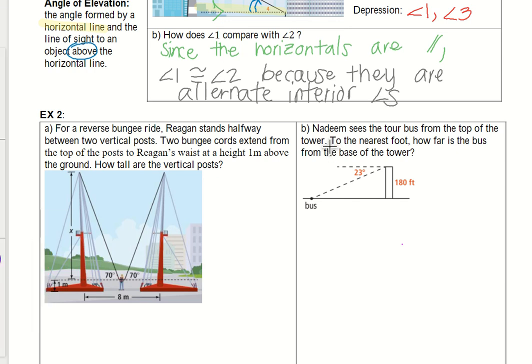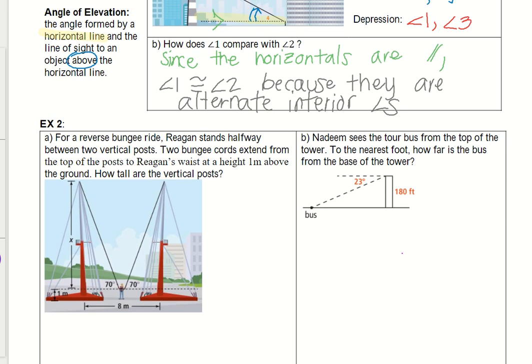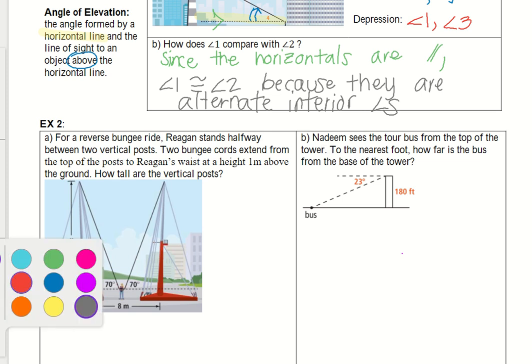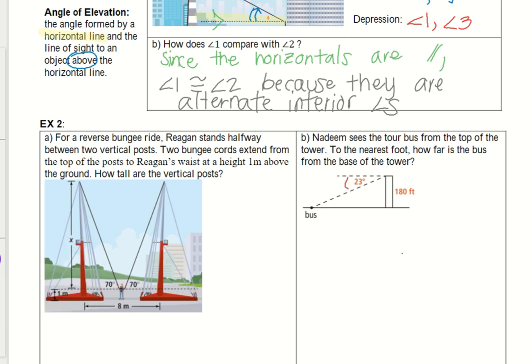I crossed my L and my T. In problems, sometimes we'll be given an angle of depression when we really need the angle of elevation that's opposite it, and that will help us find the value that's needed. For example, in example 2b, we can see that this 23 is an angle of depression, but the triangle is not related to that value.